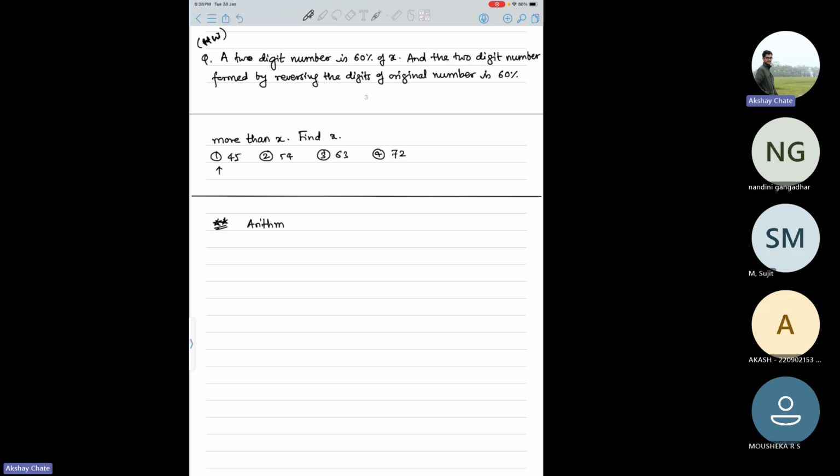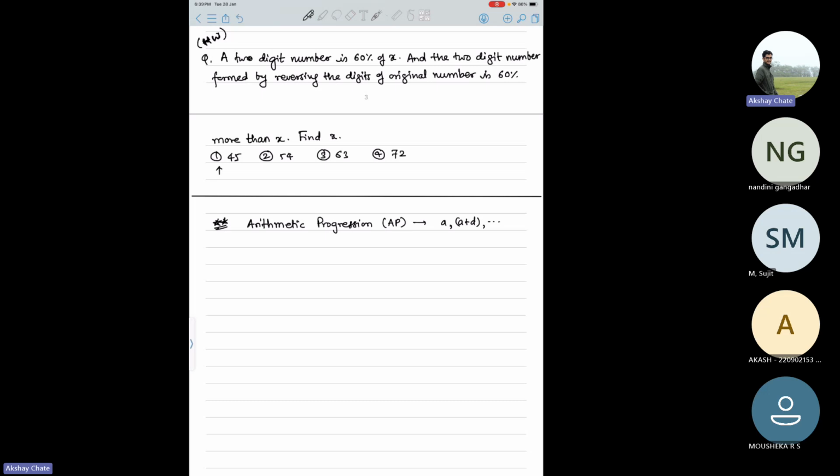We'll usually call it AP and GP, but let's revise it. If you have an arithmetic progression, basically you'll have the first term a, then the second term, which will be a plus d.